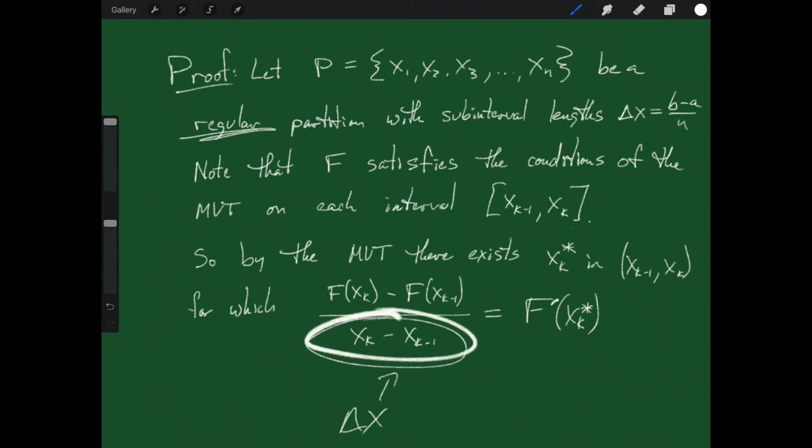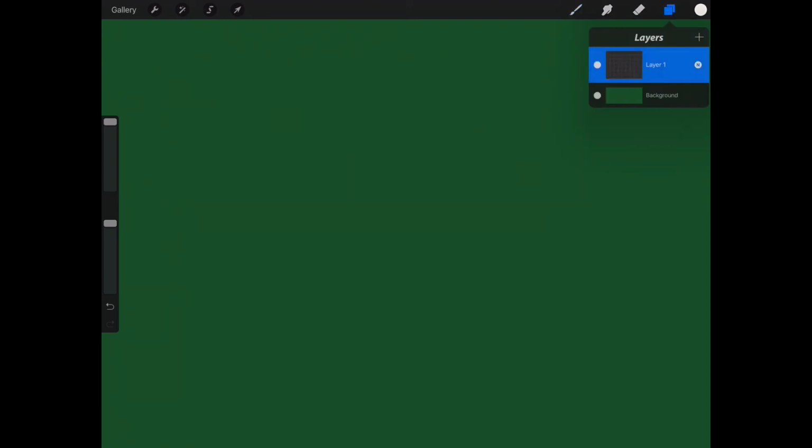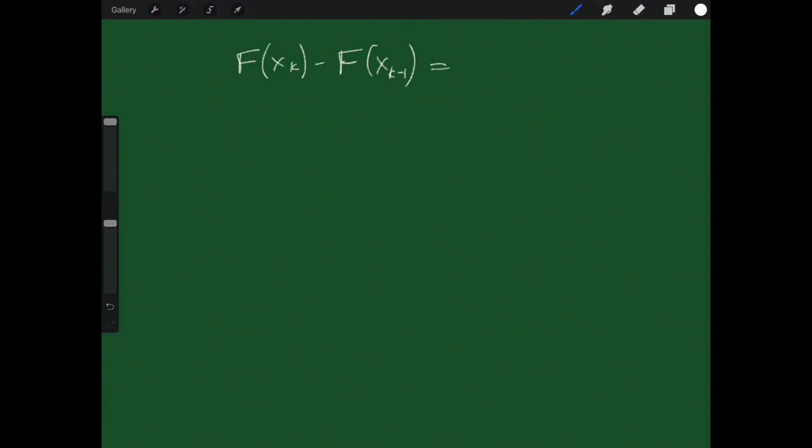So we could multiply both sides by delta x, and I get that F of x sub k minus F of x sub k minus 1 is equal to f prime of x sub k star times delta x. And that's true for every value of k.